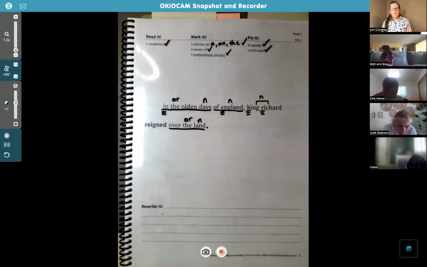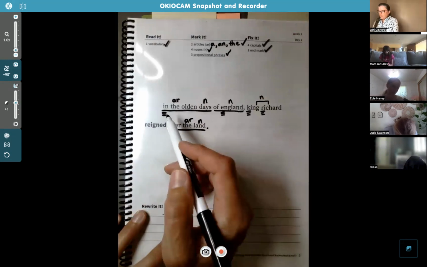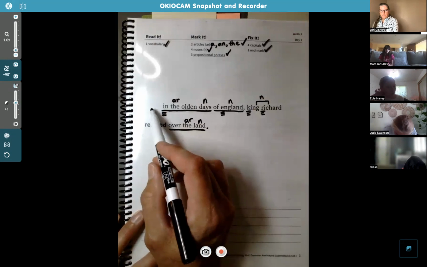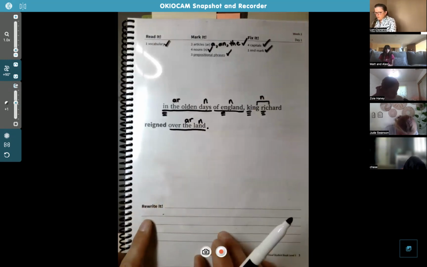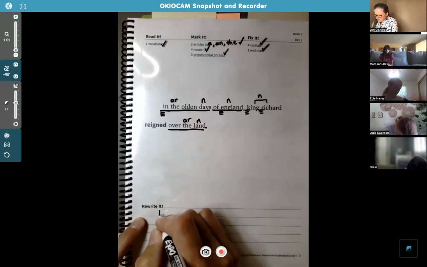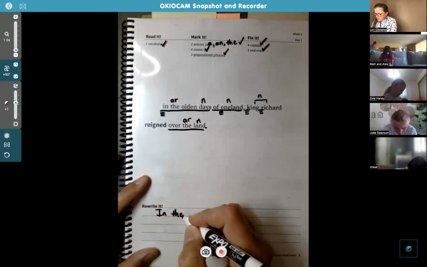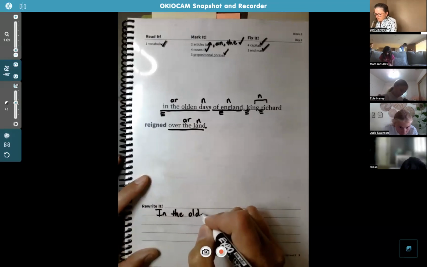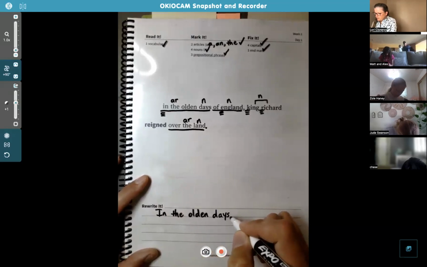So I know this is your first page in the grammar book. So I'm going to have you write it in the space below, but notice it's indented here because it's the beginning of the story. So what I want you to do is start down here on this line, leave a space, and go ahead and start copying the sentence at the bottom. And don't forget to fix the capitals as you're going here.